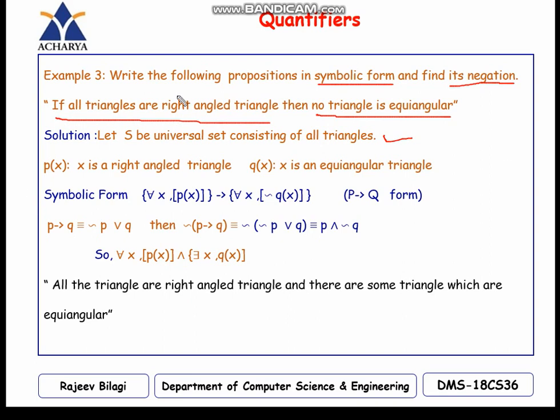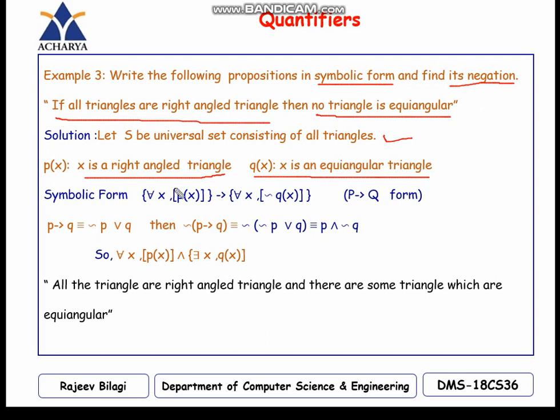Now with this particular compound quantified statement, I'll write P of x as x is a right angled triangle, so that I can write for all x, x is a right angled triangle. So that is what the triangles are, right angled triangles. Then the second one, I will take Q of x as x is an equiangular triangle.